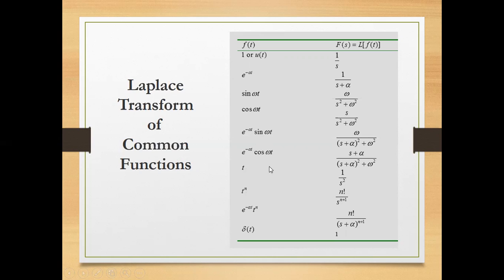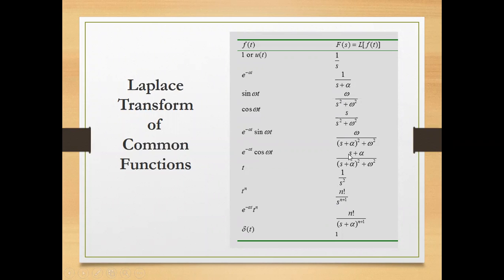Now, when there is shifting, the principle behind it, class, is this. The formula that you have for the unshifted function, sine, cosine, and the t raised to n, will be your pattern. What you do, you simply shift the s. The s that appears in the formula, in this case, this would be the s here, and in the case of t raised to n, that would be this s here.